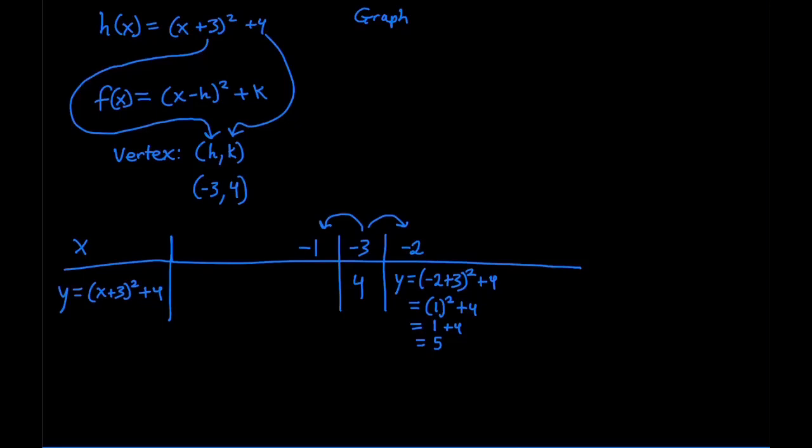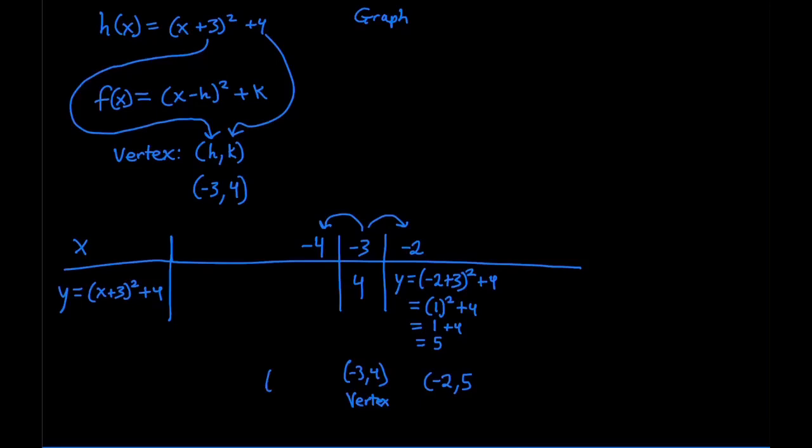So as an ordered pair, we have the vertex, which is where we should start. Then here we have another ordered pair. X is negative 2, y is 5. Now, if you go the same distance left that you go right, which in this case you go 1 to the left, meaning you subtract 1 from negative 3, and you get negative 4.